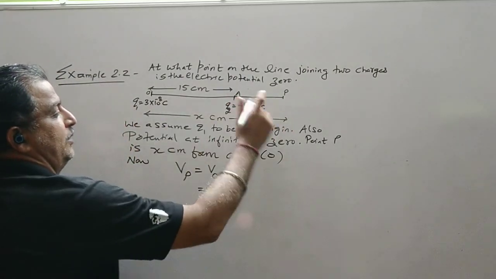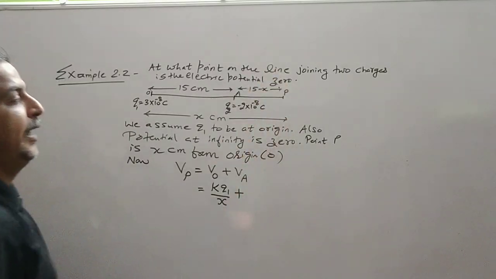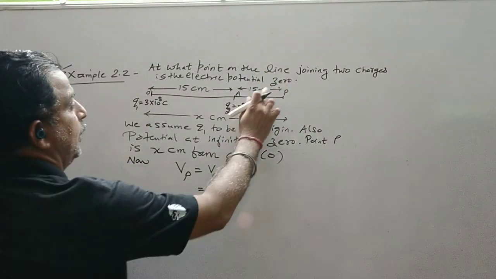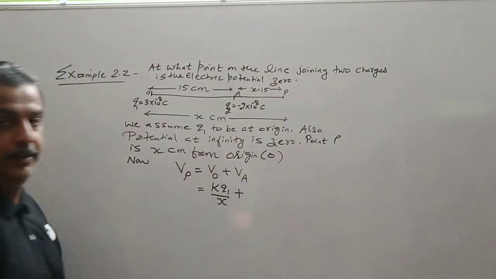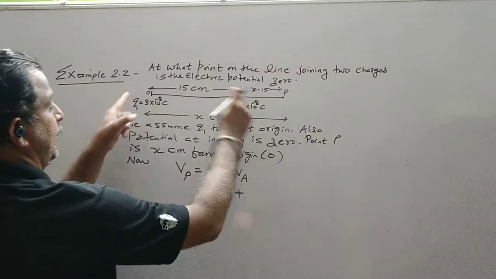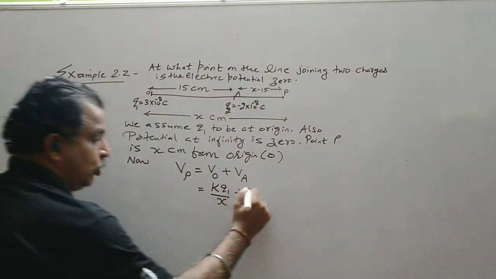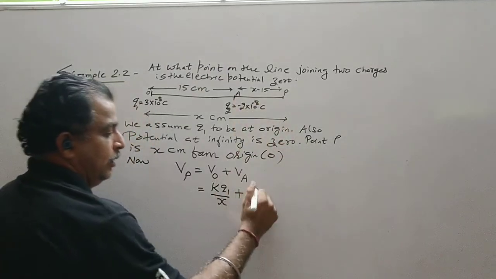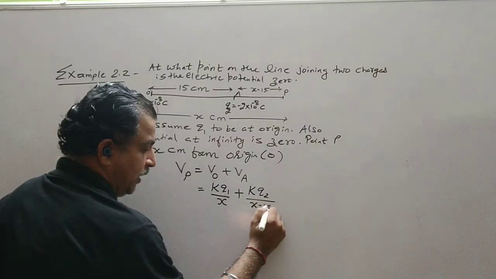So if this is x, this becomes 15 minus x. It becomes x minus 15. So this entire distance is x, this is 15, so it becomes x minus 15. So it will be K Q2 upon distance between test and source, x minus 15.